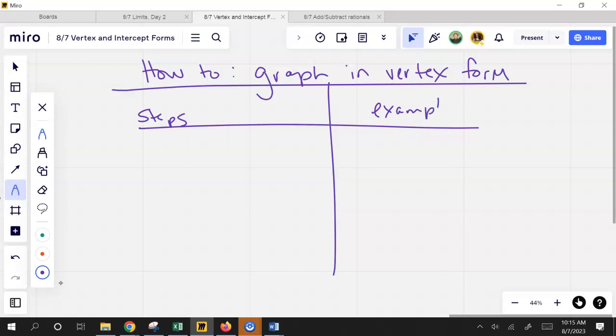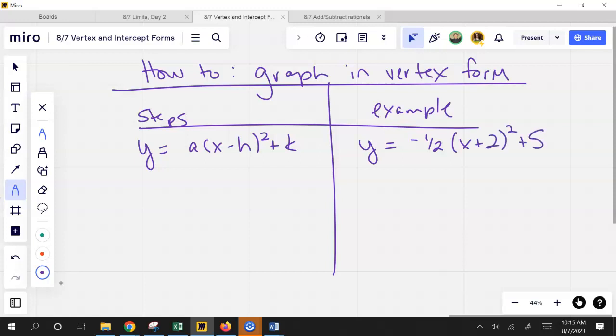Example. There's vertex form. I think I'll do the example that's just on the back here. It's a nice fraction for us. Yeah, it's the one on the back of vertex form.